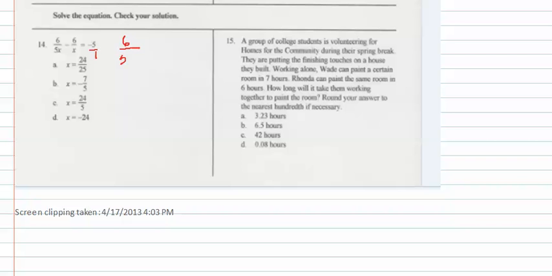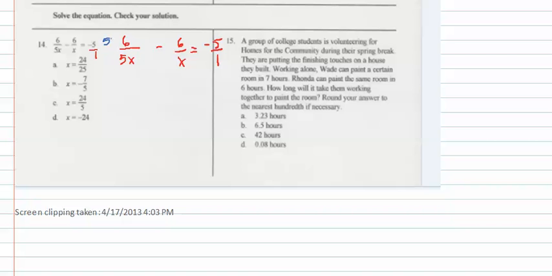I need a little bit of workspace here. Minus 6 over x, and I'm going to make this negative 5 over 1. Our common denominator is going to be what? Hopefully you see it.